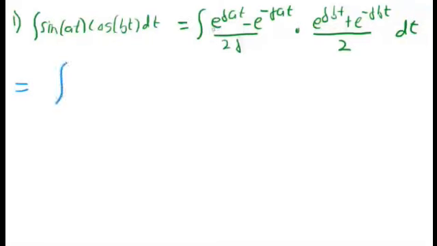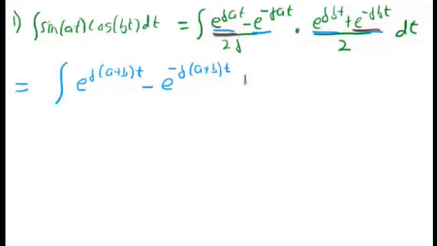We have first e to the j at times e to the j bt. That gives e to the j a plus b t. Next, I'll do these last 2 terms, e to the minus j at times e to the minus j bt, and that gets minus e to the minus j a plus b t. Next terms are, again, the first term, e to the j at times e to the minus j bt, so we have plus e to the j times a minus b t.